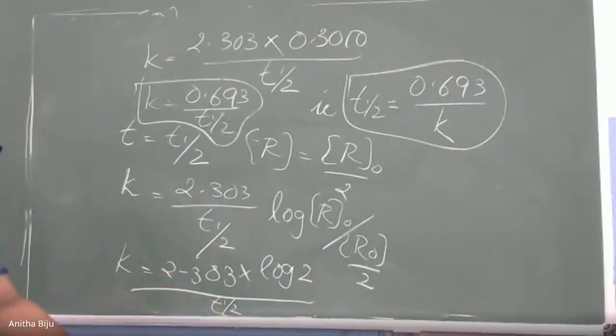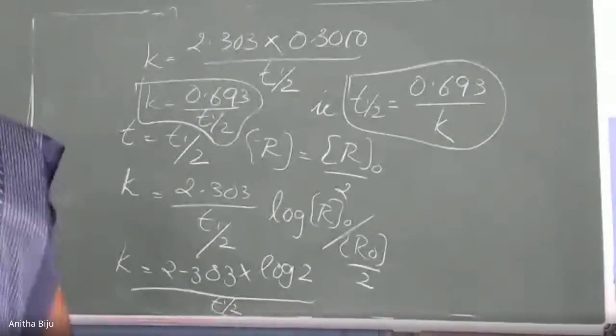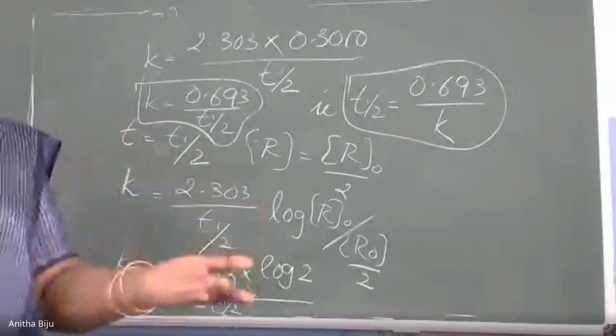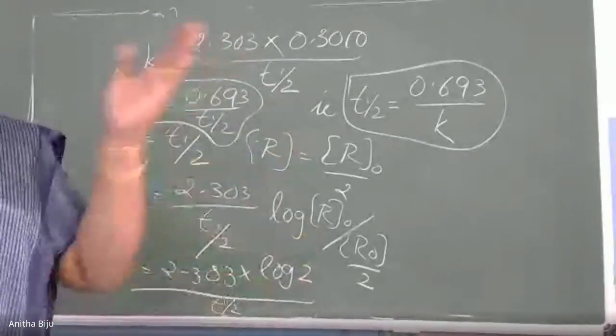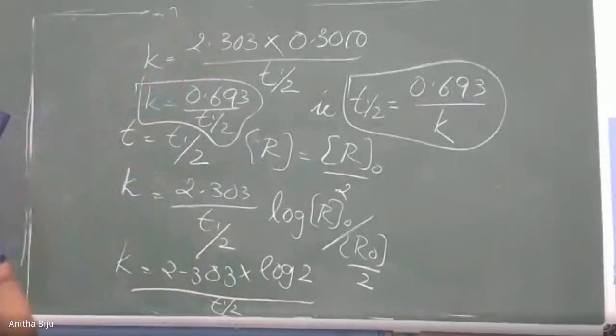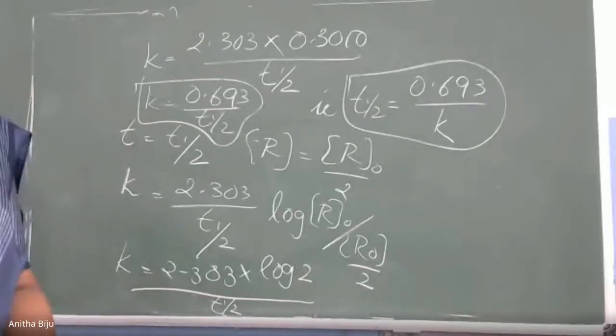So the question is, prove that the half-life period of a first order reaction is independent of the concentration of the reactant, while the half-life period of a zero order reaction depends on the concentration of reactant. This may be a question.